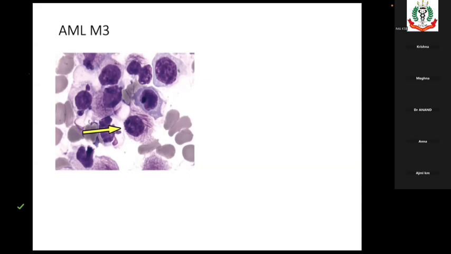But if the history is that of a massive splenomegaly, and they give a blood value of low hemoglobin, very high TC, 2 to 3 lakhs, and high platelets also, that means it is going to be a CML. So look at the size of the spleen before jumping into your answer. If they have given a massive splenomegaly or a huge spleen, that means the answer is chronic myeloid leukemia.